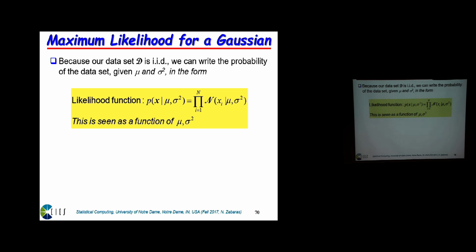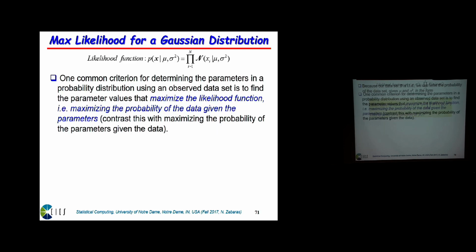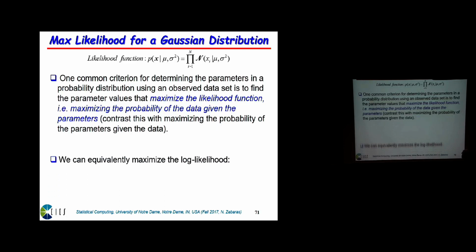Because the samples xi are independent from this distribution, I can write this as the product of these univariate Gaussians computed at xi. So this together gives me a function of mu and sigma squared, and I want to find the estimate of mu and sigma squared that maximizes the likelihood.